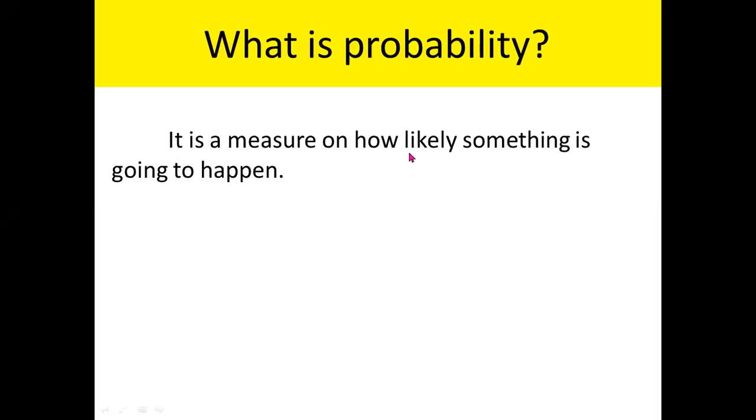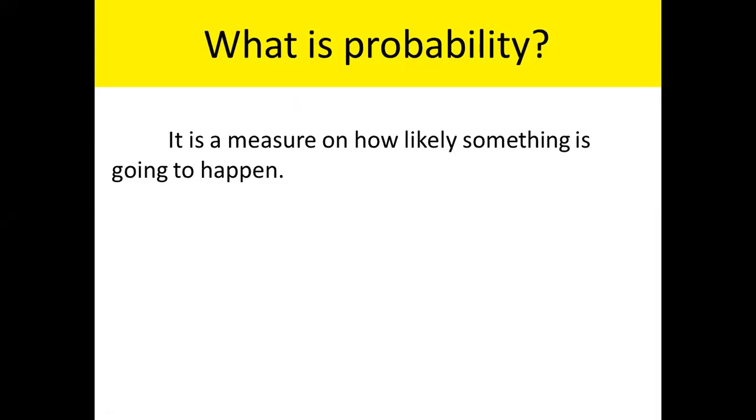So it is a measure. That means it will be telling us how something is going to happen. Is it happening? Is it impossible? Is it a 50-50 chance? Is it 100% possible? So that is probability.